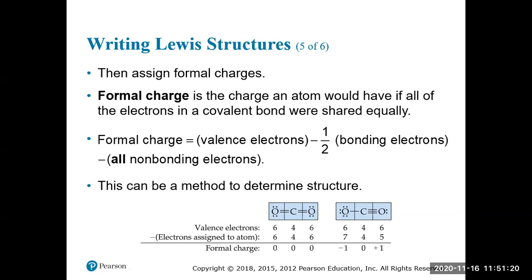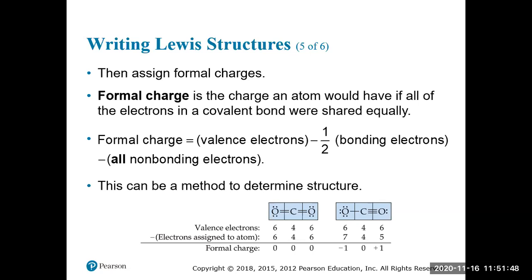So if we do that math, we see the first oxygen is -1, the carbon's 0 again, and the second oxygen, the triple bonded oxygen, has a value of 5 for its electrons assigned, so its formal charge is +1. So we have one choice where the formal charges are all 0. We have a second choice where we have formal charges of -1, 0, and +1.